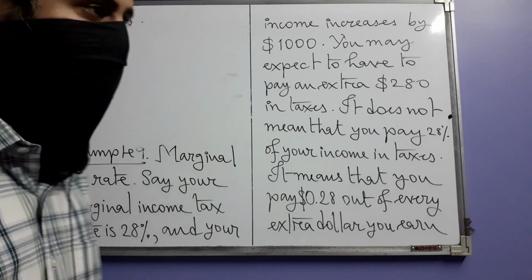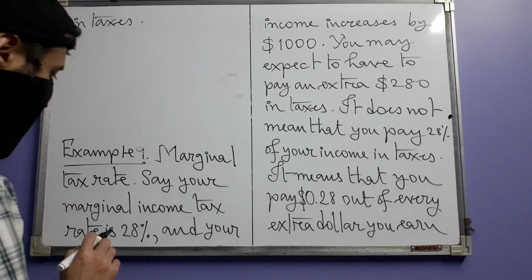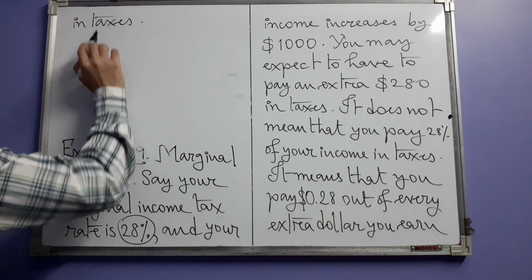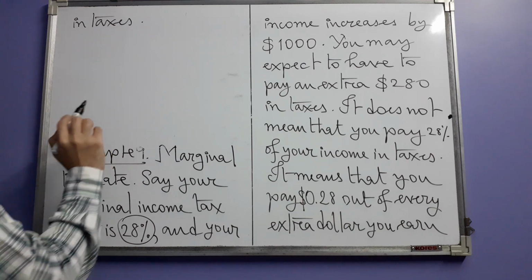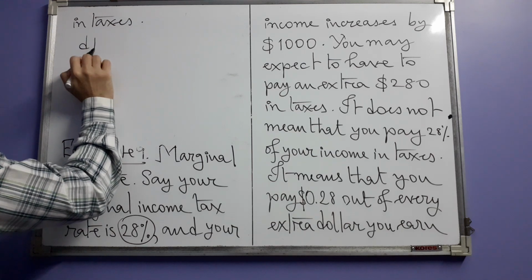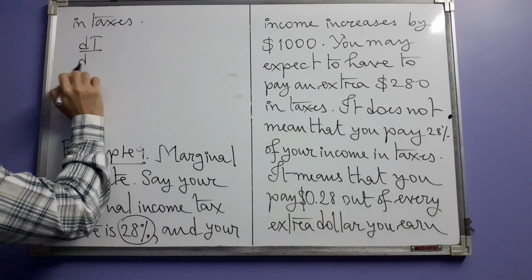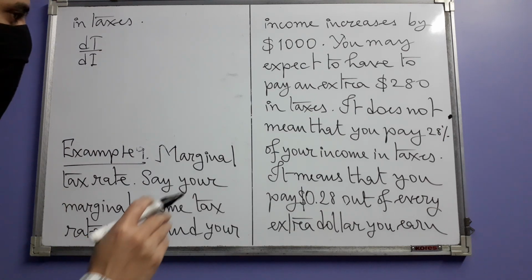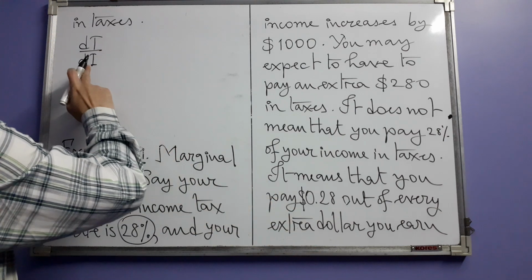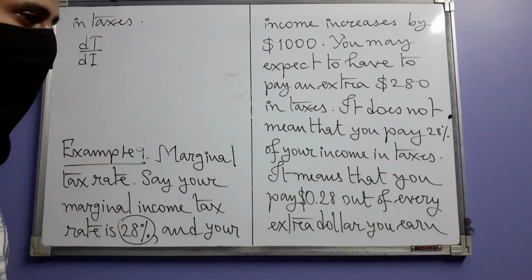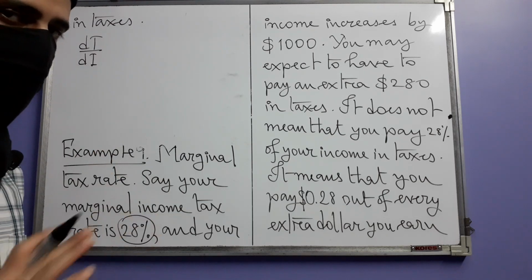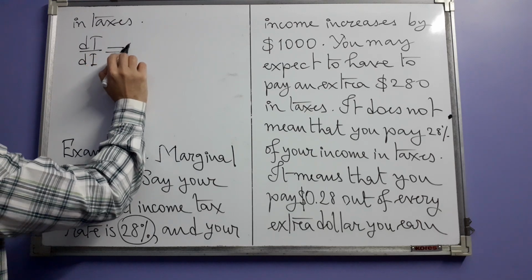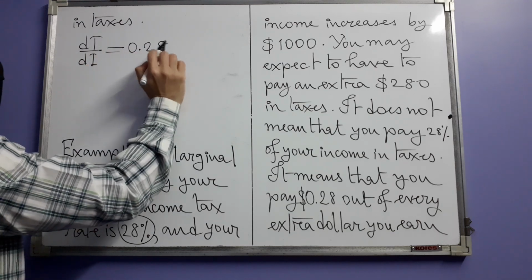But why? What is going on here? See, this rate is this because it's marginal rate. So it is dT/dI. Say T is your tax if your income is I, both in dollars. This is 28% or 0.28.